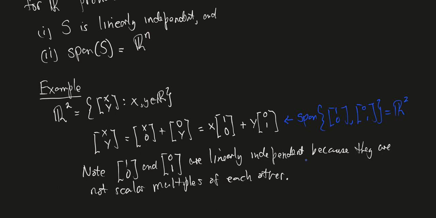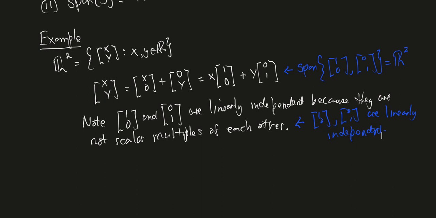And then this note down here shows that, again, these two vectors are linearly independent, right? So 1, 0 and 0, 1 are linearly independent, and I am being redundant here, but it's for emphasis. And what it means is that these two vectors form a basis for R2, right?